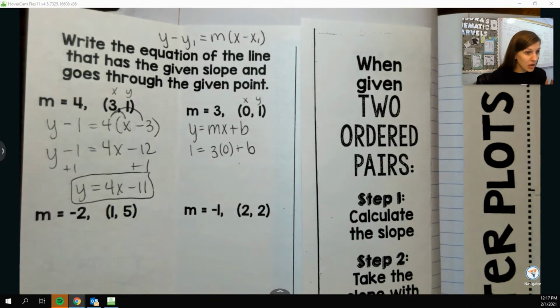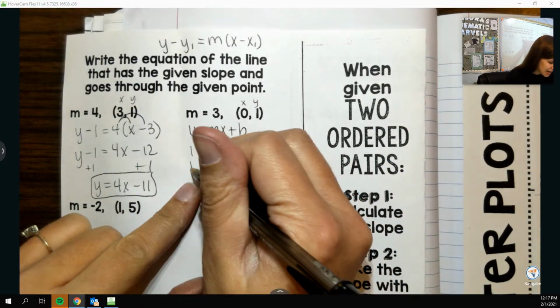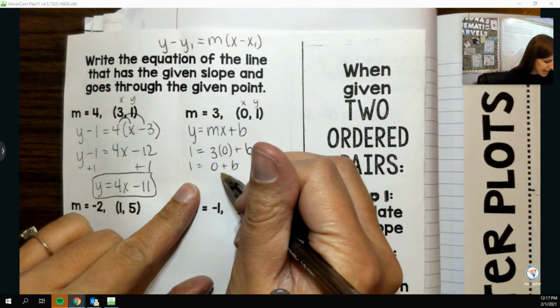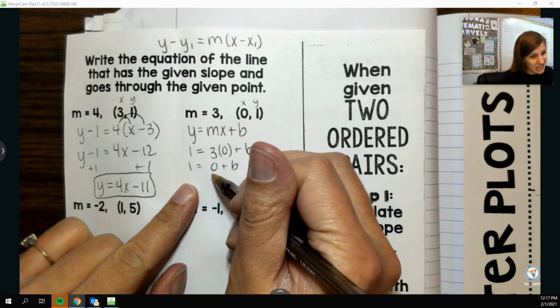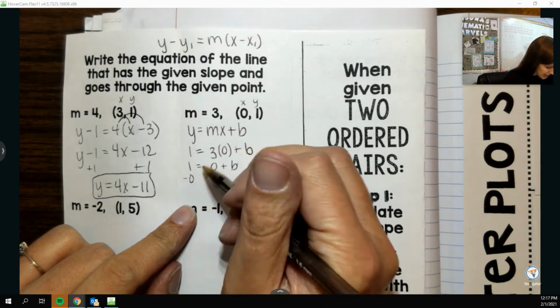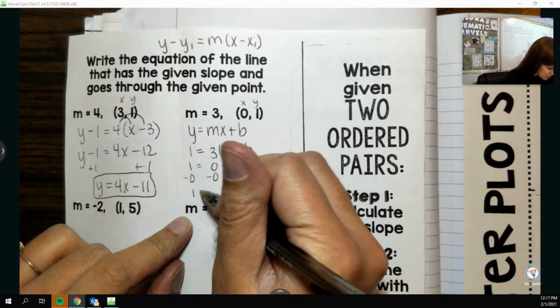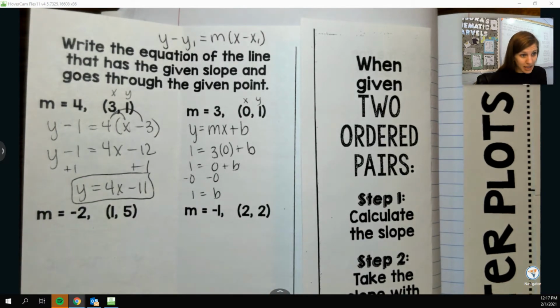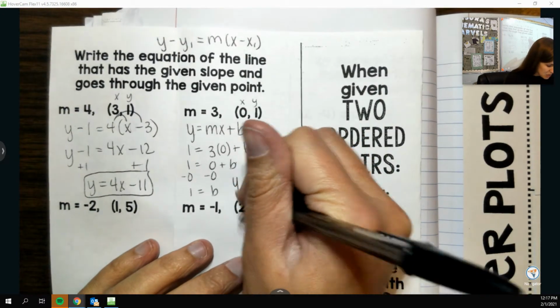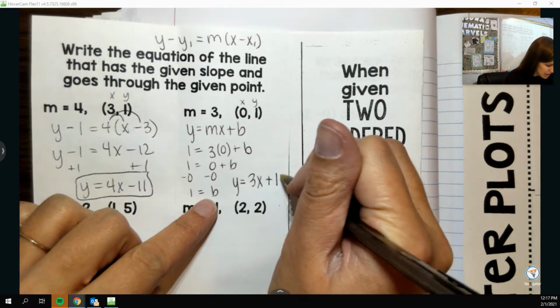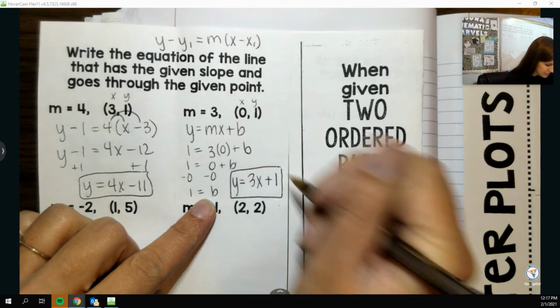But since I filled in all the other letters, I can solve for b. So to do that, I would multiply right here, and 3 times 0 is 0. And then I would get b alone. Now in this case, because 0 is nothing, I would subtract it or add it. And 1 minus 0 is 1, so b is 1. Then once I know b, I can write it as y equals 3x plus 1, where I fill everything in.